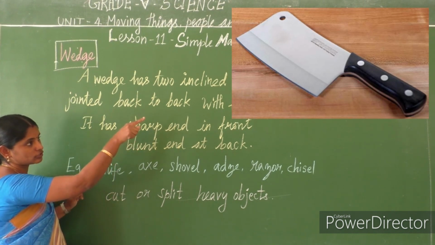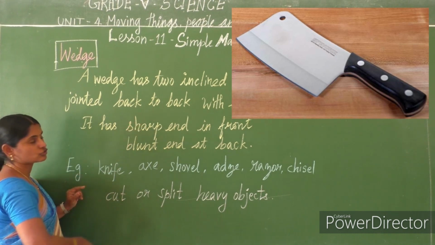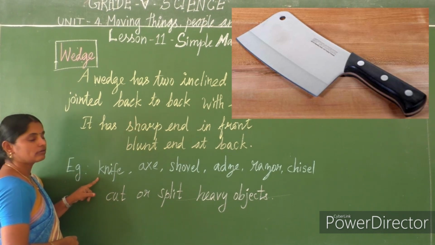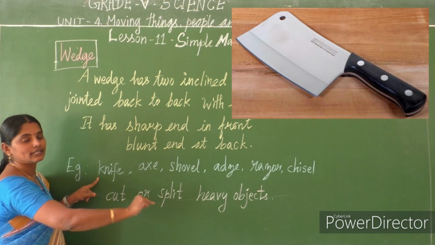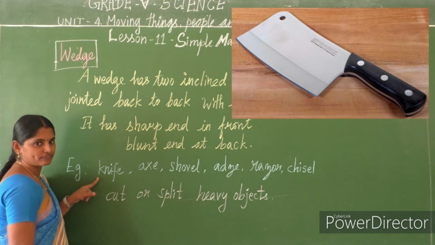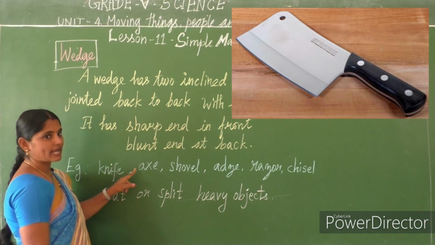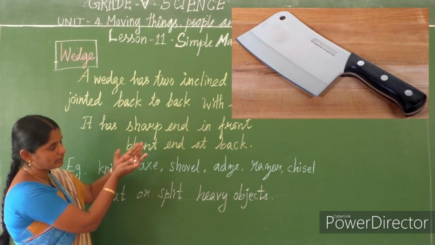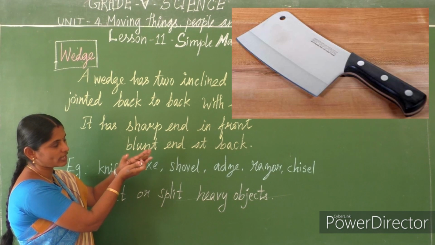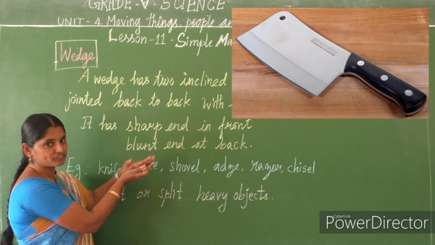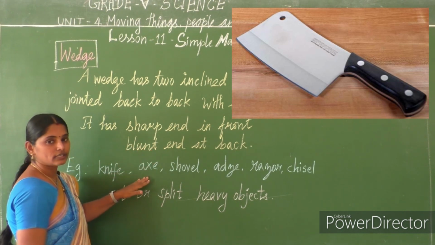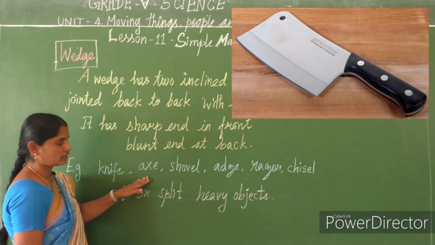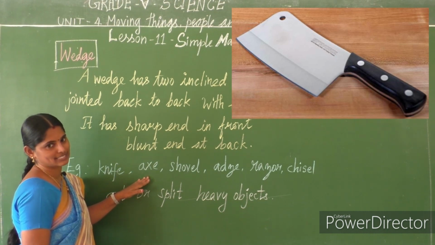Look at the picture, the two ends are very sharp, no? So it gives the sharp edge in knife. Okay, here in axe also, two inclined planes meet together in such a way that the sharp end comes in front. So this setup we call as axe.